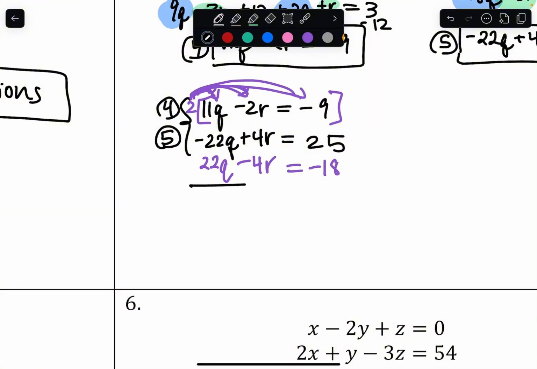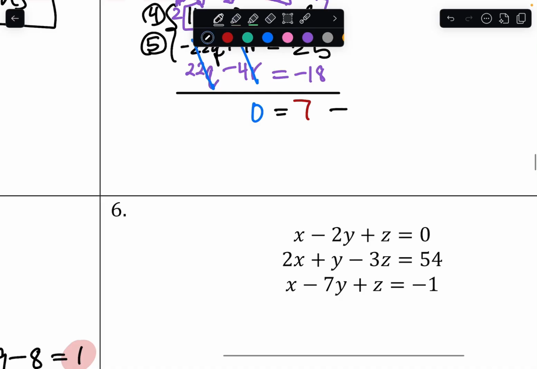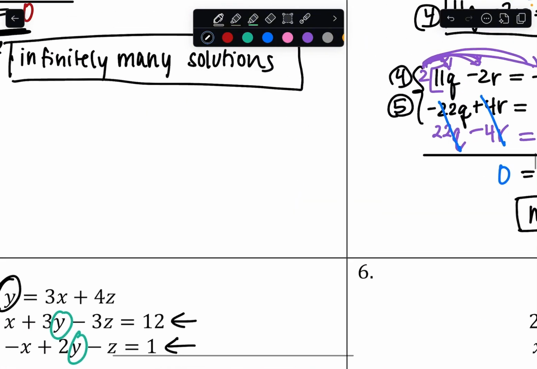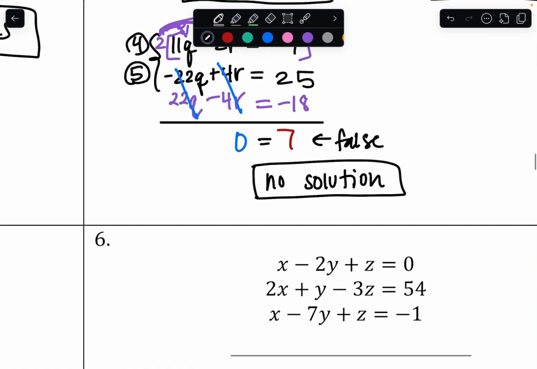And then when we add them, the r's also cancel. Q's cancel, r's cancel, leaving me with a 0. But on the right side, 25 minus 18 is 7. This is not true. And so we're going to say no solution. If it's true, infinitely many. If it's false, no solution.